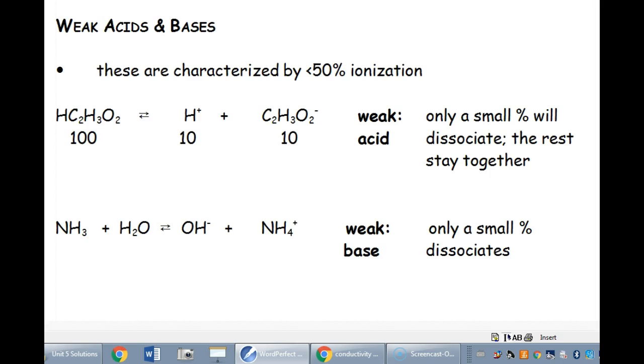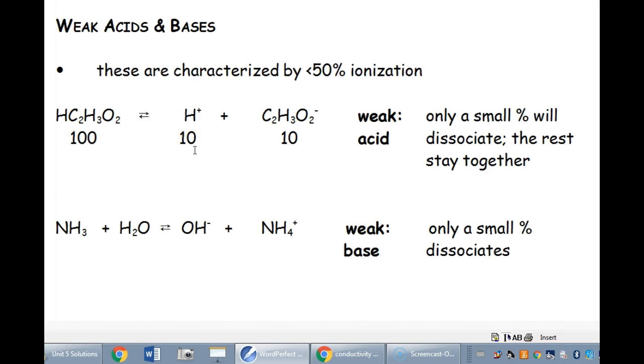In order to be considered a weak acid or a weak base, we look at less than 50% ionization. These are just examples that I'm providing here, but here's vinegar. Acetic acid is what makes up vinegar. Imagine that if I had 100 molecules of acetic acid, only a small percentage, less than 50% of them, would ionize in solution.